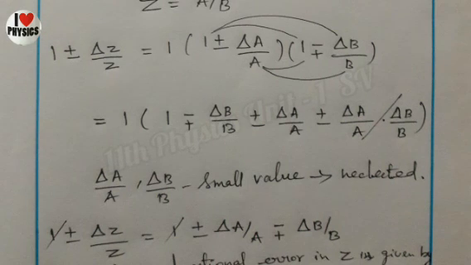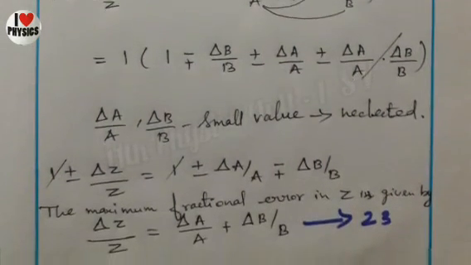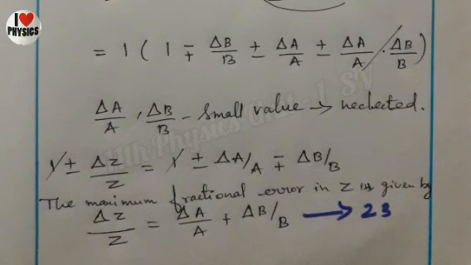And 1 plus or minus del Z divided by Z equal to 1 plus or minus del A divided by A minus or plus del B divided by B.